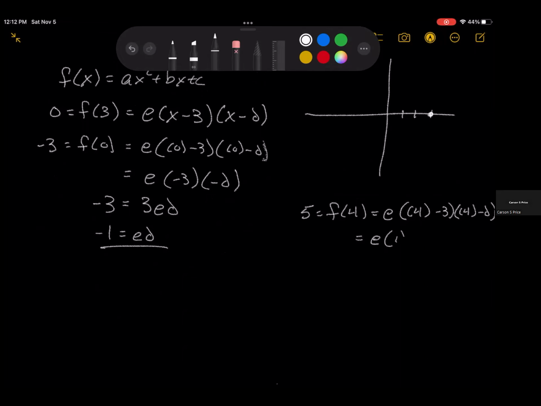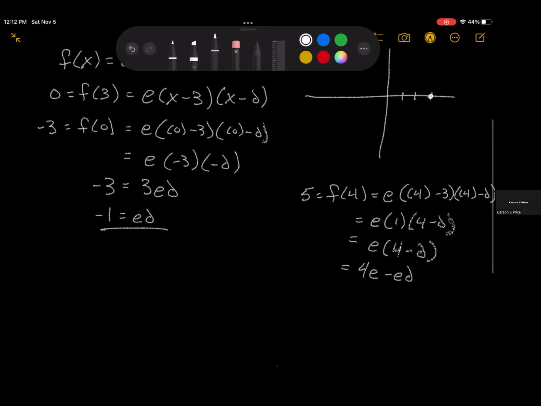E times 4 minus 3, which is 1, times 4 minus d. That is e times 4 minus d, which is 4e minus ed. Again, I don't know what e or d is, so I have to stop there.